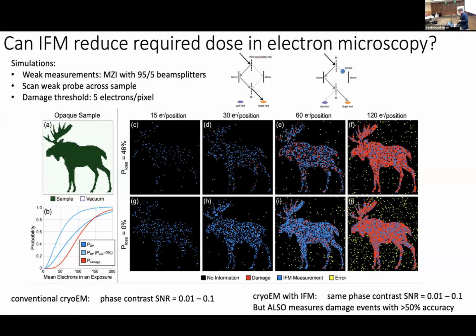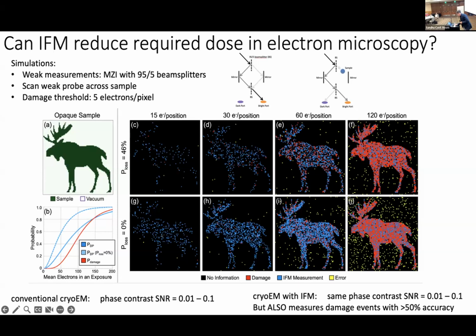However, if we look at our IFM counts, there's more blue than red, so that means that we're reducing dose. You can imagine only using the red to form an image, whereas with IFM we're imaging it much faster. And of course, if we oversaturate, then we're going to do damage. So at least according to this cartoon simulation, you could imagine imaging objects more efficiently.